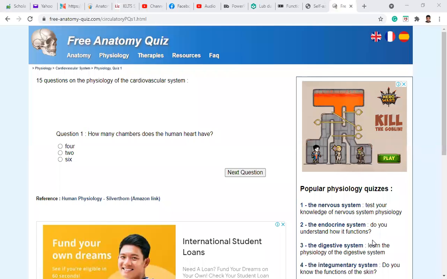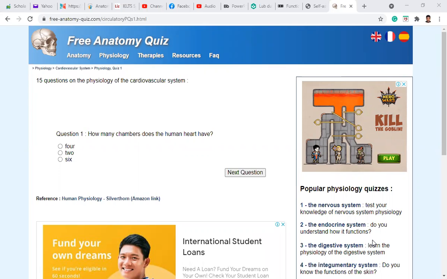I think with what I explained before from the anatomy of the heart, maybe you'll be able to answer some questions about the physiology too. If you're not able to, then next time when we do physiology, we'll do the heart again, but this time we'll focus on the function, not just the structure of the heart.